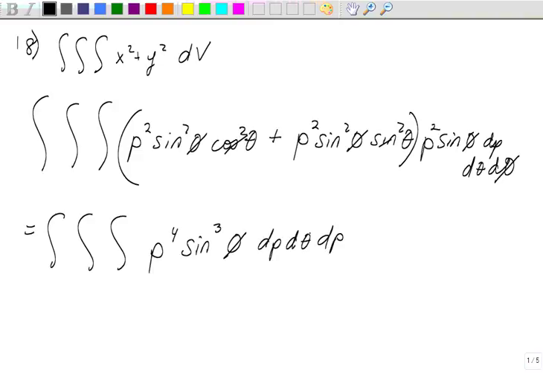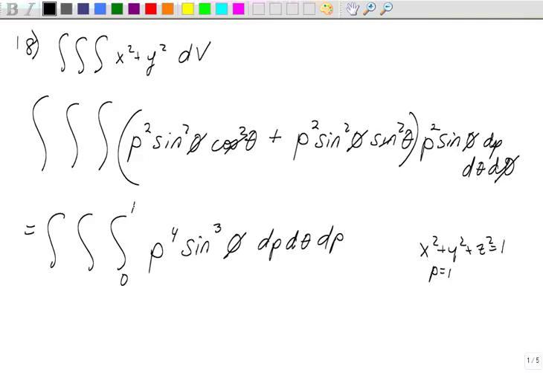And I want to go... H is the hemisphere that lies above the xy plane and below the sphere x squared plus y squared plus z squared equal 1. Okay, so the radius of that is 1.